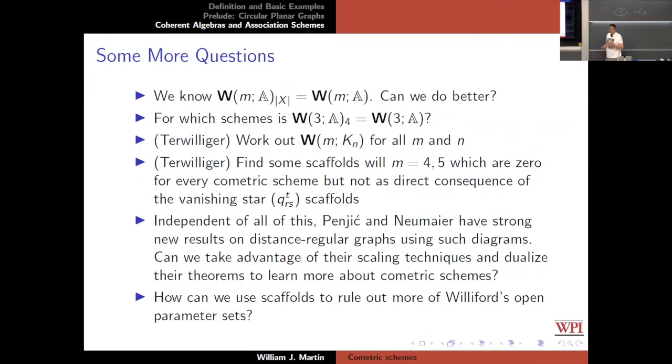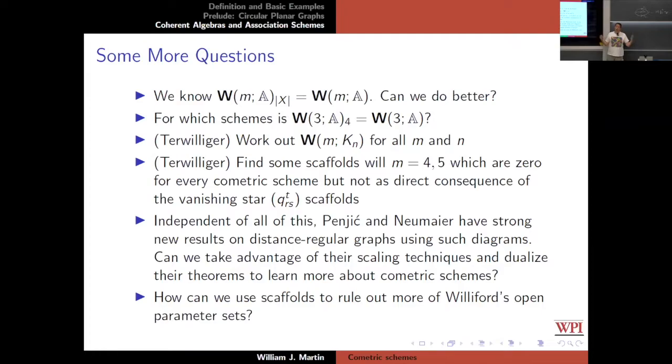Questions now, thinking about the scaffolds. Can we do any better than the number of vertices? We know that the space of mth order scaffolds with edge weights inside a coherent algebra A, that vector space is reached when you get to number of nodes equal to the number of vertices. Can we do better than that, the number of vertices over 2?